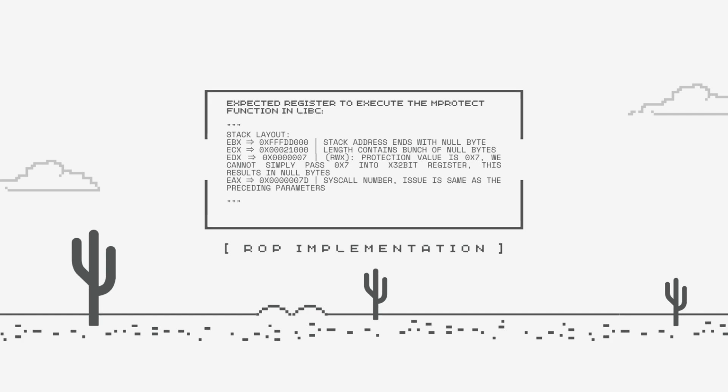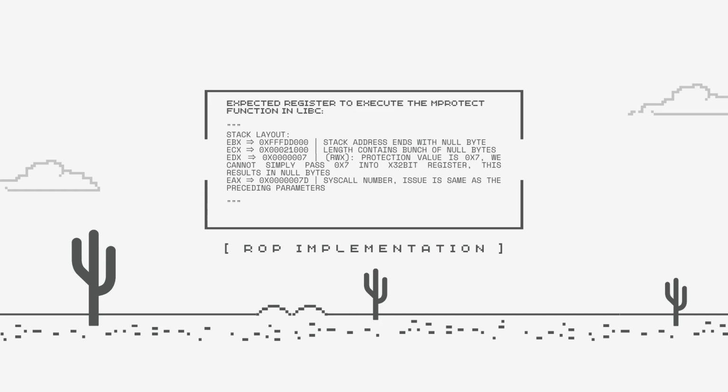For the mprotect function on 32-bit Linux, we need to set up these registers. EBX contains 0xFFFDD000, which is a stack address ending with a null byte. ECX contains 0x00021000, which is the length of the memory region.